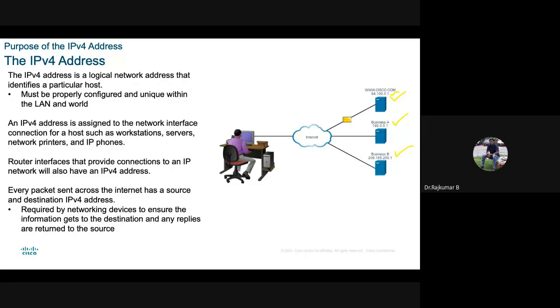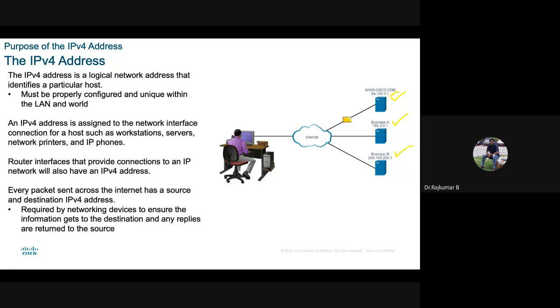For this reason, the 32 bits are grouped into four 8-bit bytes. They are called octets. An IPv4 address in this format is hard for humans to read, write, and remember.